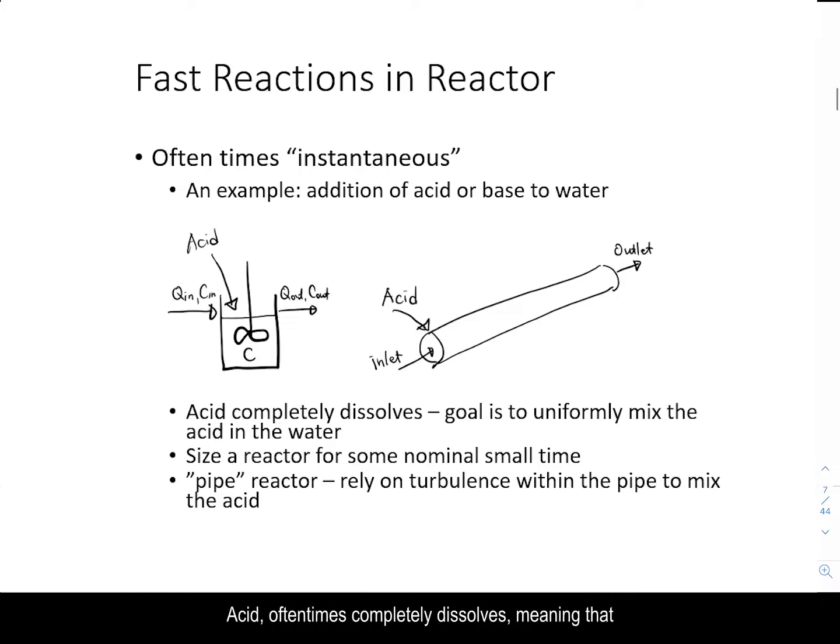Right, so acid oftentimes completely dissolves, meaning that it won't be visible. Okay, and the goal is to uniformly mix the acid in the water. And oftentimes, because it's so fast, we don't need a huge reactor to do this, right? Because water only needs to stay a short time before acid completely dissolves in it. And so again, a pipe reactor is oftentimes used, and they rely on the turbulence within the pipe to mix the acid.